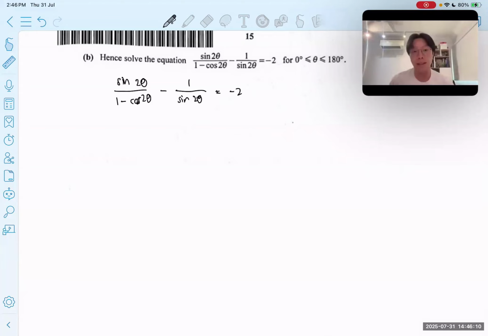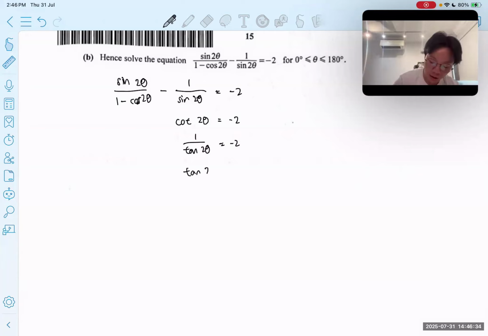We realize that it's proven to be cotangent theta, cotangent 2 theta in this case. What we know about cotangent 2 theta is that it's just 1 over tangent 2 theta, correct? And if we change the numbers around a bit, we get tangent 2 theta equals to -half.